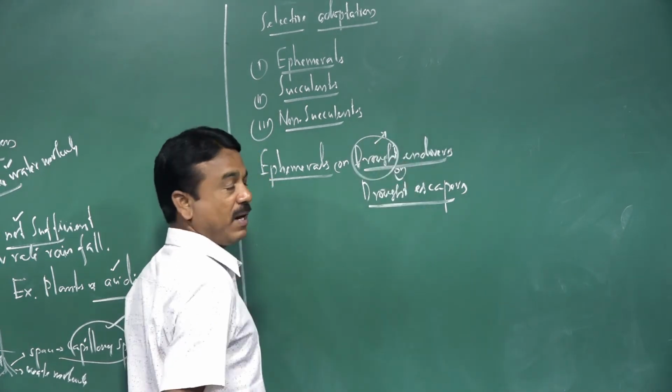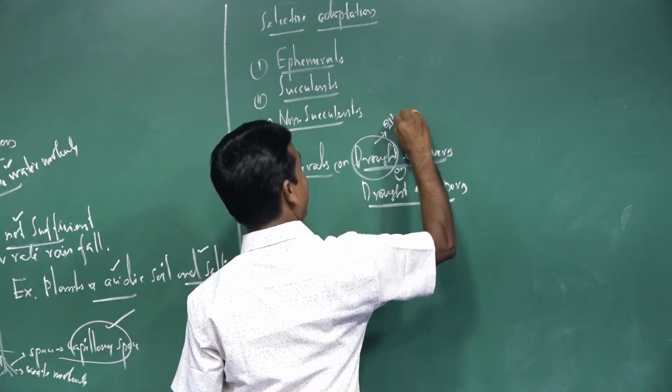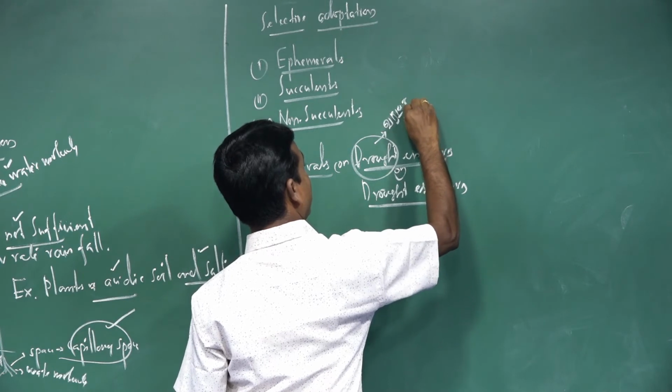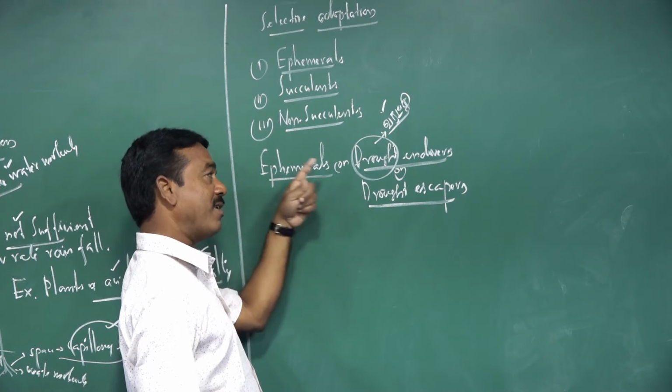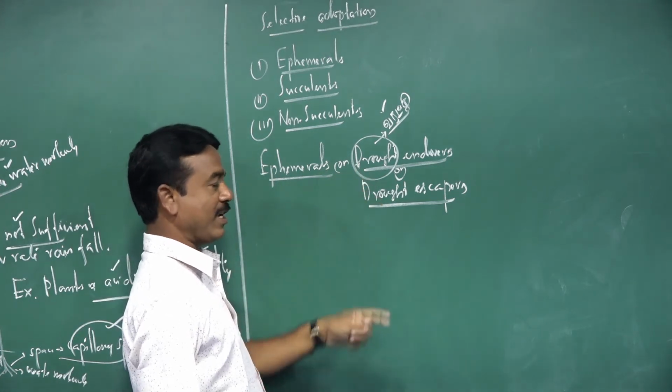In Tamil it is commonly called Varachi. So ephemerals are also called drought endurers or drought escapers.